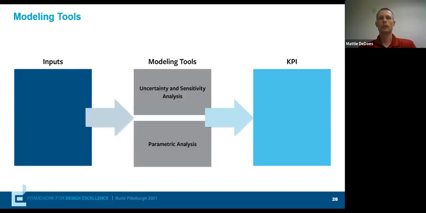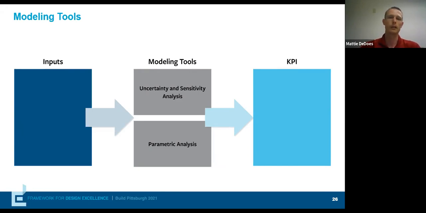The tools we'll look at are mainly this sensitivity analysis that Joe mentioned. And what we're trying to do here is take the variables we chose in the previous slide and then answer that question: which one matters the most to our KPI of interest? And how sensitivity analysis does that is we define a range over which all of our inputs can vary.